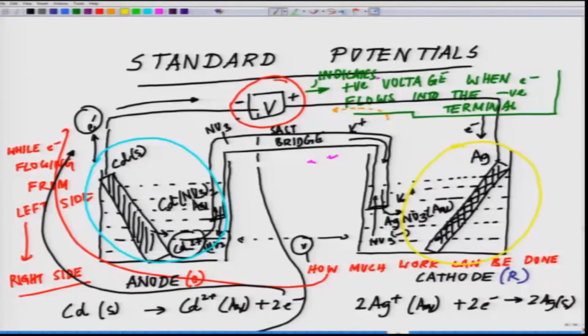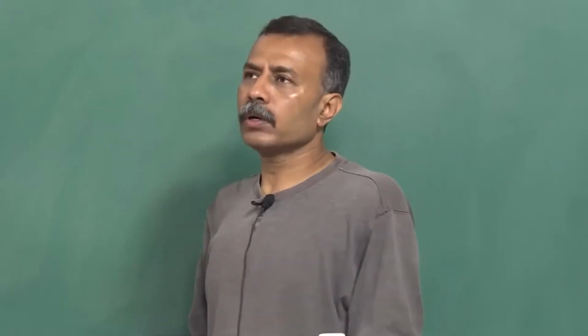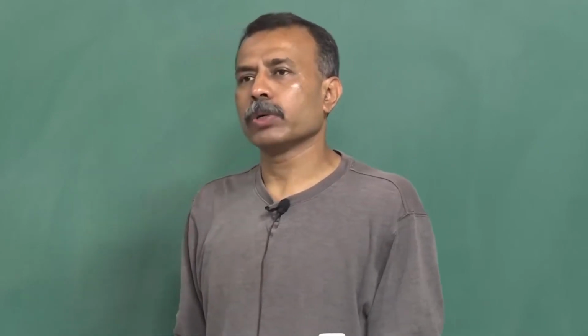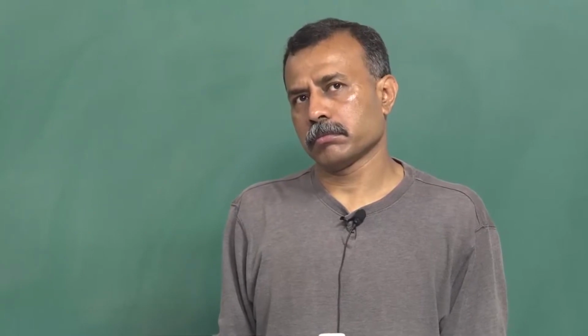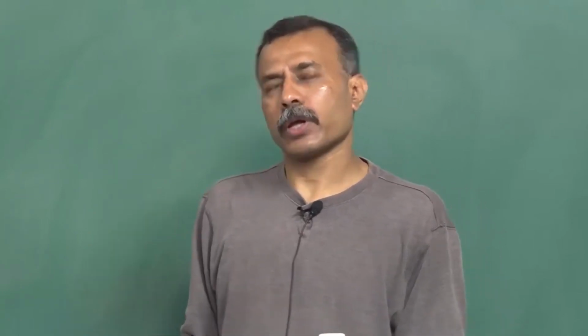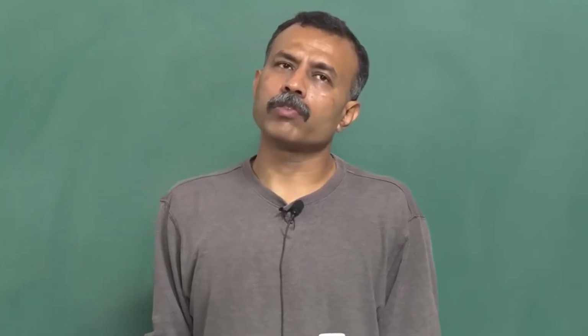So, in other words, if I have to give a philosophical analogy to this, that means the power of silver to accept electron is higher as compared to cadmium. And if I had to put a reverse statement, the power of donating electron of cadmium is higher than silver.